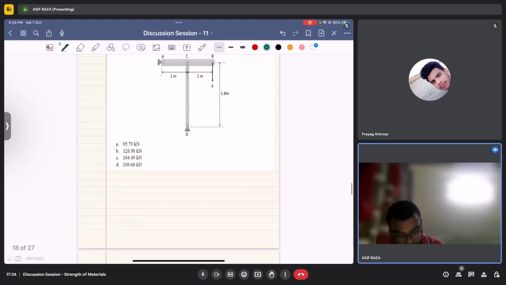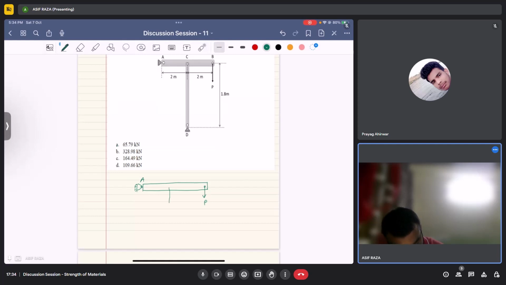So first thing, let me draw this. Okay, so if you see in the question, the load P is applied here.